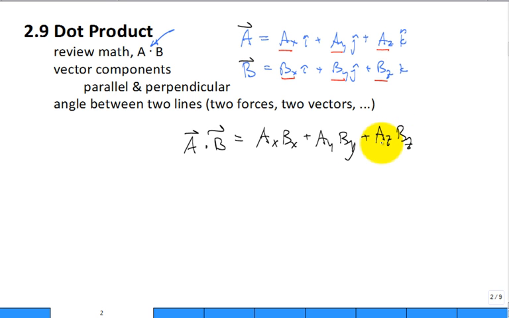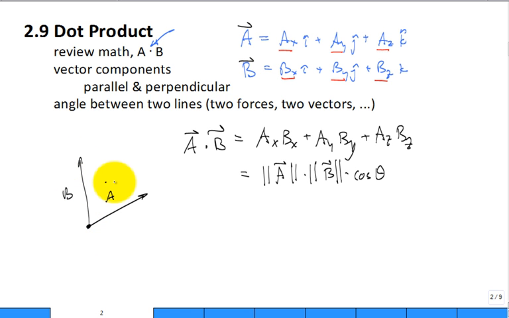And what does it give us? It really gives us the magnitude of the vector A times the magnitude of the vector B times the cosine, in 3D, of the angle between them. If you put the 2 bases of the vectors together, if you have a vector A like this, here's the base, the beginning of it, and another vector B like this, then what is this theta?